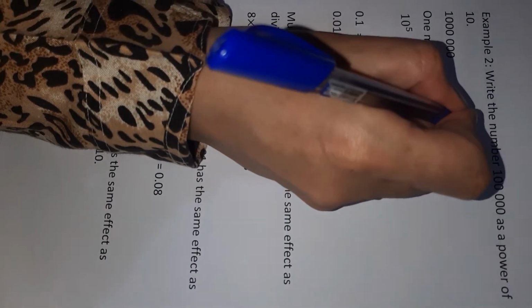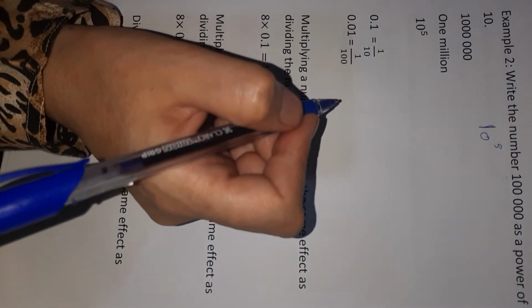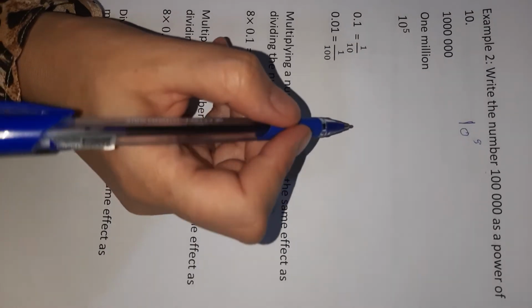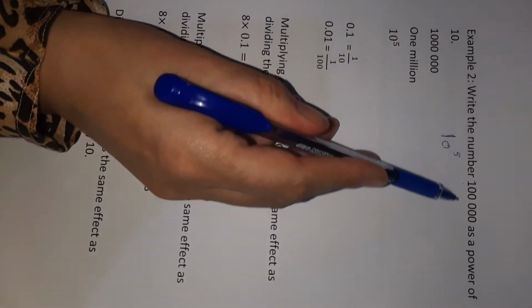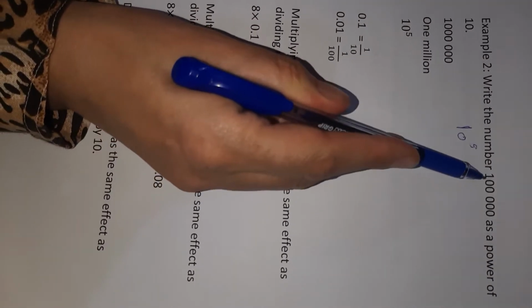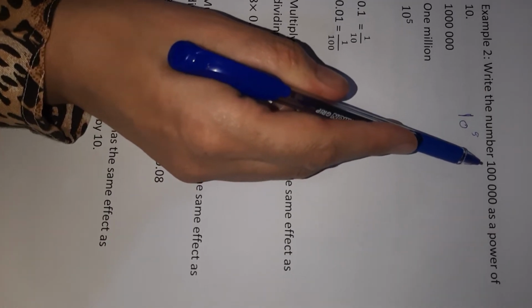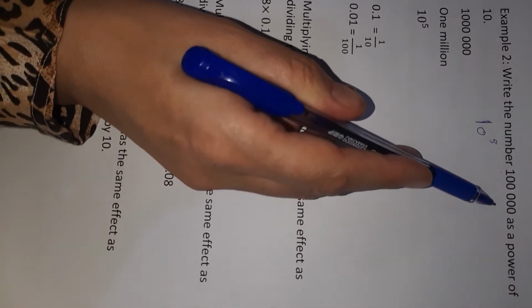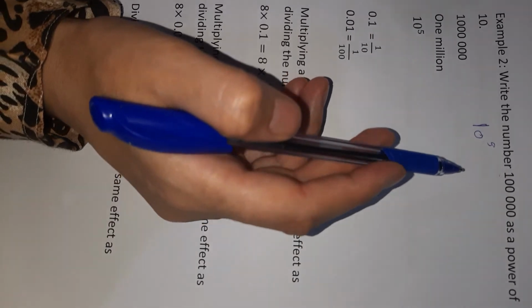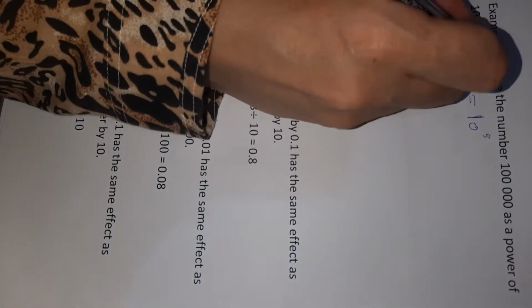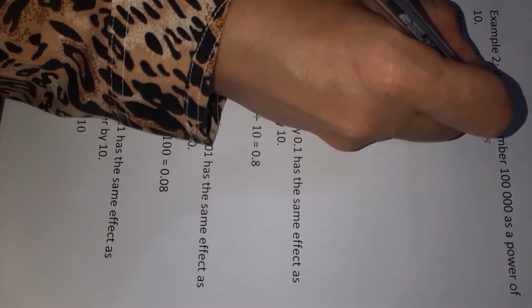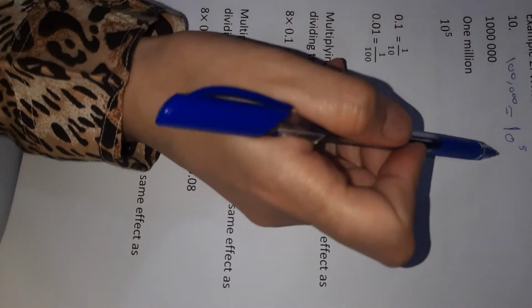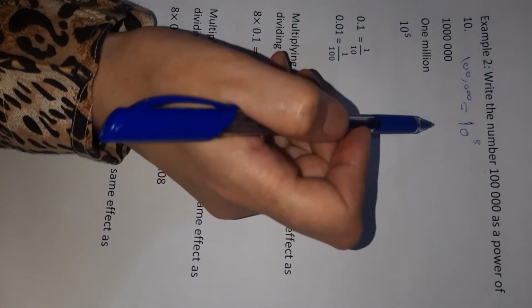There are 5 zeros after the 1 in 100,000, so 100,000 equals 10 to the power of 5.